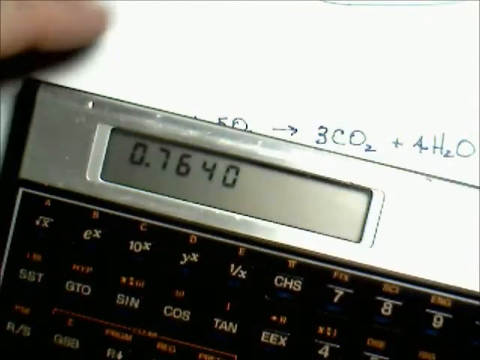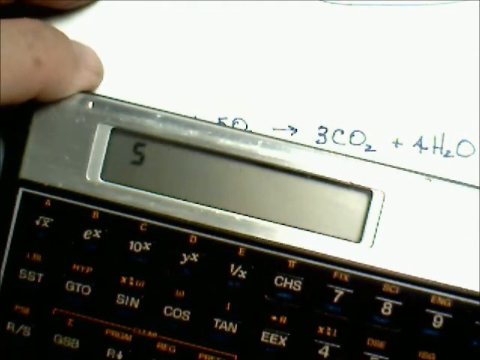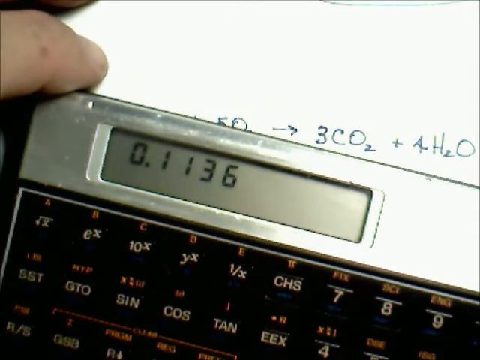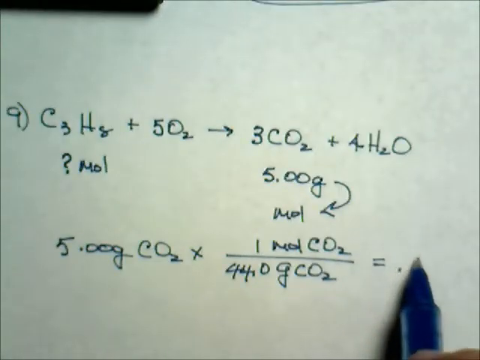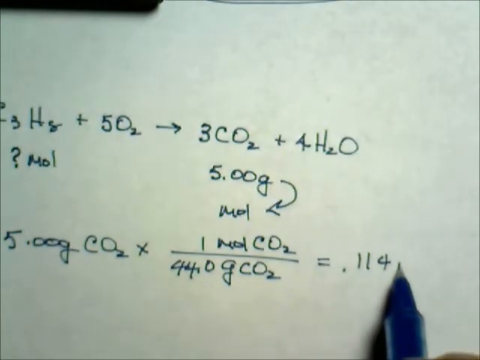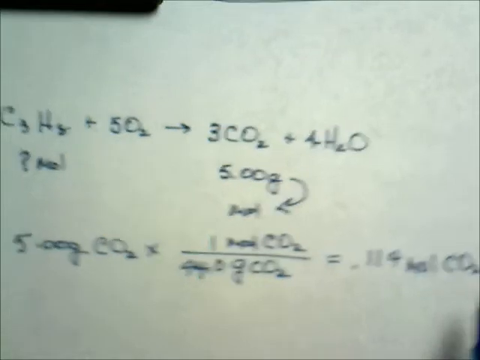So we'll take 5 grams, divide it by 44, and we get 0.114. So we've got 0.114 moles of carbon dioxide.